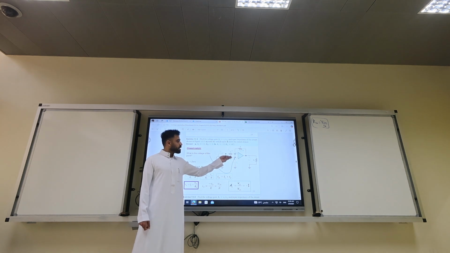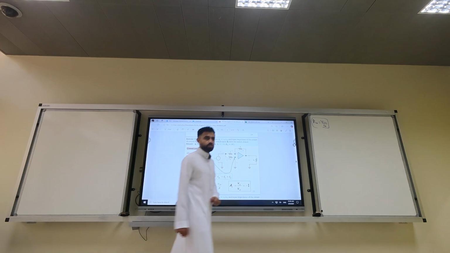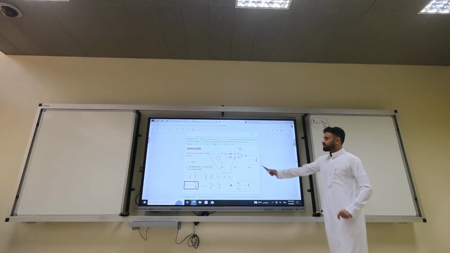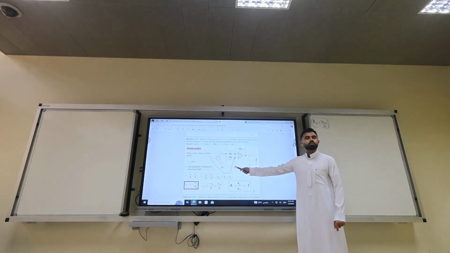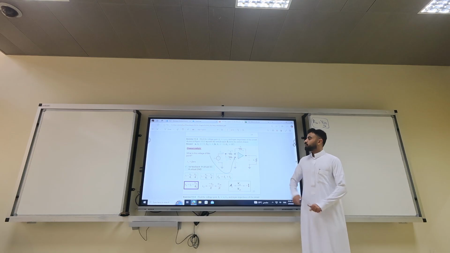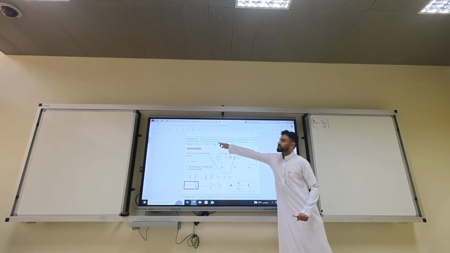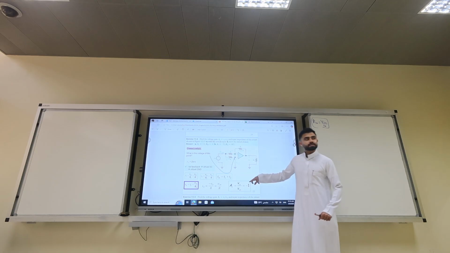If this was R1 and this was R2, what will be the input impedance? R1 parallel with R2. Okay? Get it? Remember, we solved this example when the switch was closed. What will happen if the switch was open, which is part A of the exercise?